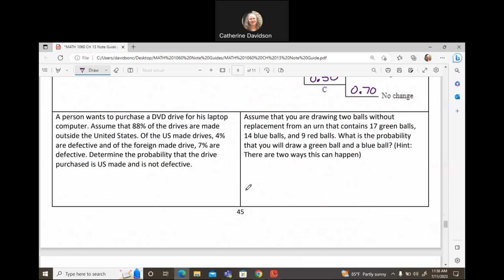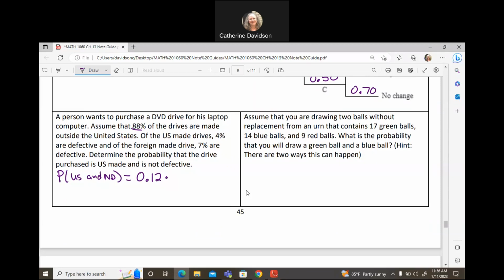A person wants to purchase a DVD for his laptop. Assume that 88% of the drives are made outside the U.S. Of the U.S. made drives, 4% are defective. Of the foreign made drives, 7% are defective. Determine the probability that it is made in the U.S. and not defective. All right, outside the U.S. is 88%, so the ones that are made inside the U.S. is 12%, so it's 1 minus 0.88.